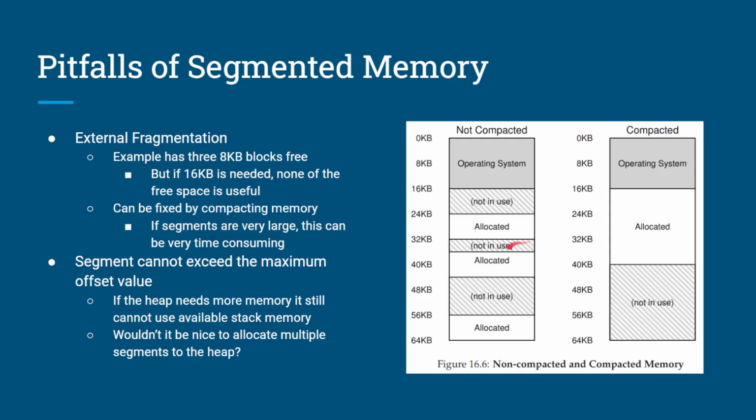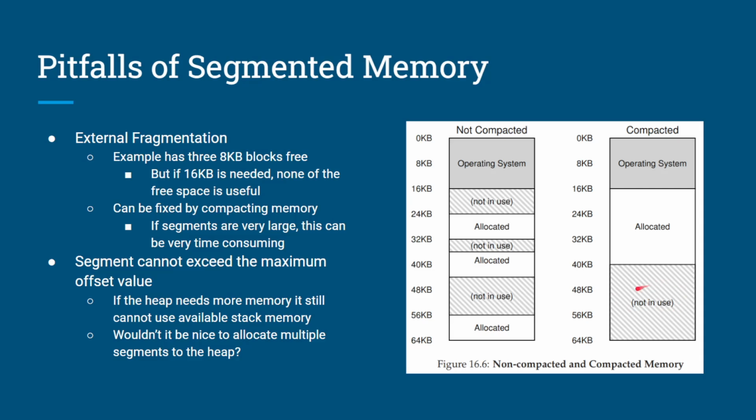That way I'm eliminating all these empty gaps between. So let's say I put the code, the stack, and the heap into one long allocated area. They're still separate segments, but they are compacted. Now I have 24 kilobytes I can work with, and I can allocate 16 kilobytes if necessary.